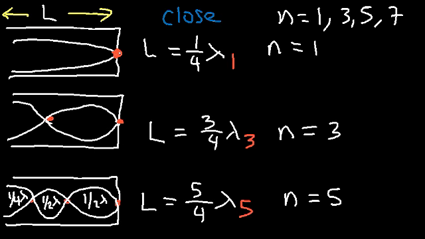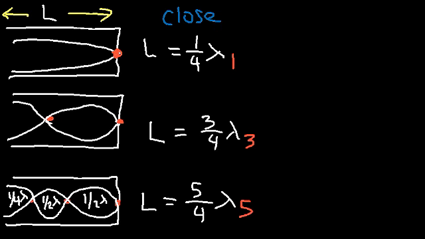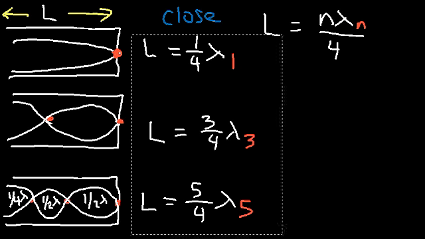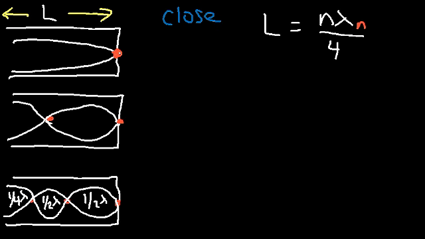Therefore, the general equation is this: L is equal to n times lambda sub n divided by 4. That's whenever you have an organ pipe that is closed at one end, such as a clarinet. The flute would be considered an open pipe or an open tube. Now, if we're solving for lambda, it's going to be 4L divided by n.